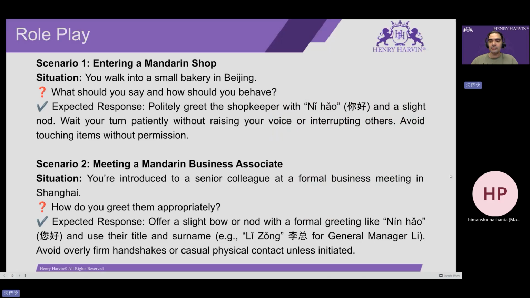So Li Zong is generally for General Manager Li. And avoid overly firm handshakes or casual physical contact unless initiated. So these are some of the other important aspects that we must take notice of, especially when we are immersed in the society itself and interacting with people on a daily basis.